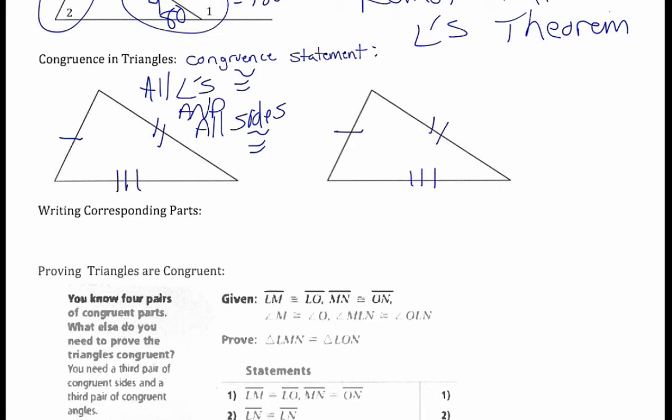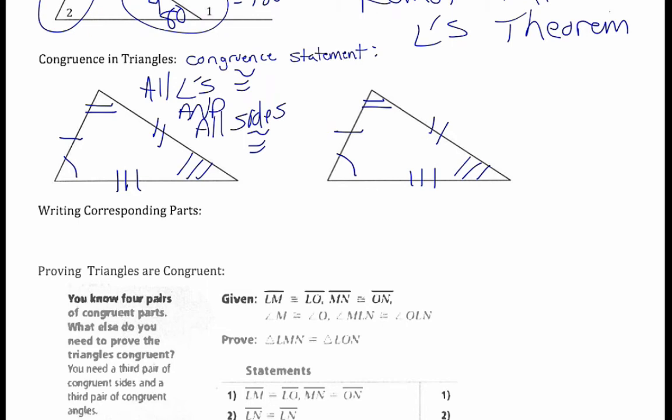But that's not enough. To be totally congruent, one angle has to match another angle, a second angle has to match a second angle in the other triangle, and even the third angle has to match the third angle in the other figure. So when we say congruent figures, we're saying all parts of that figure are the same, all the sides and all the angles.